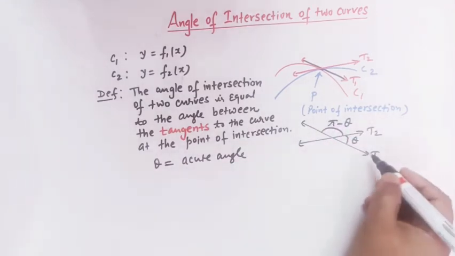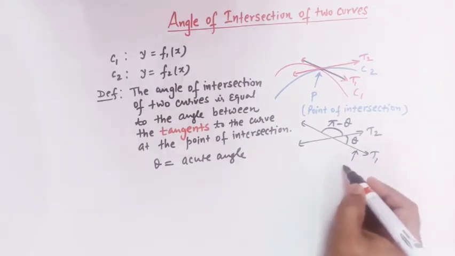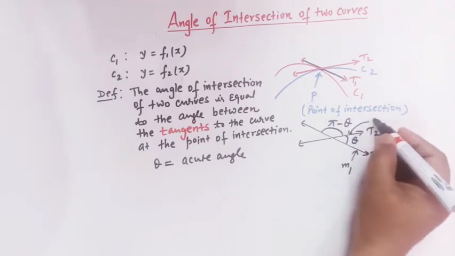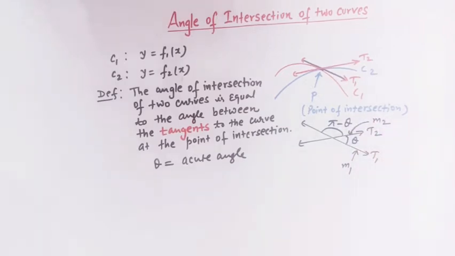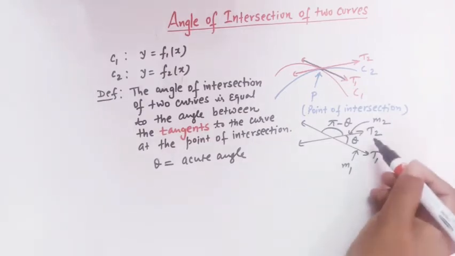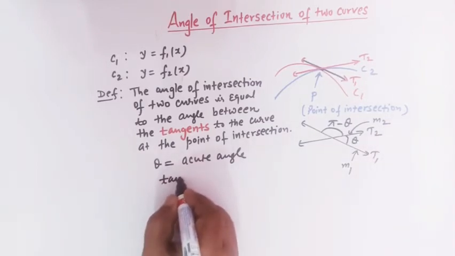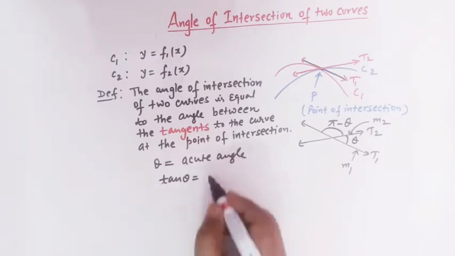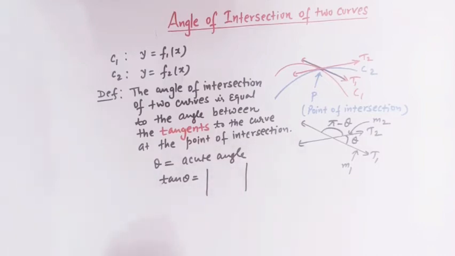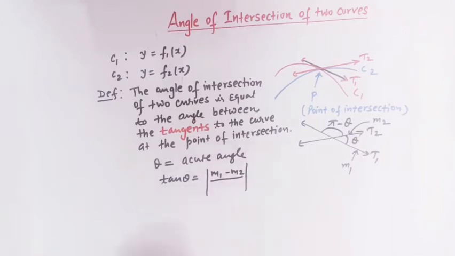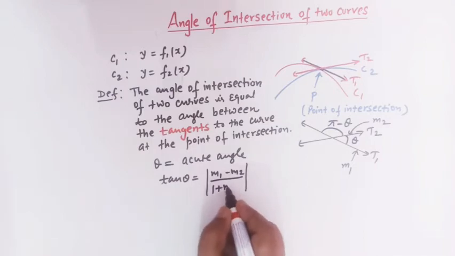And if the slope of this tangent T1 is m1 and the slope of this tangent T2 is m2, then we know that the angle between two lines T1 and T2 is given by tan theta is equal to the absolute value of m1 minus m2 divided by 1 plus m1 times m2, right?